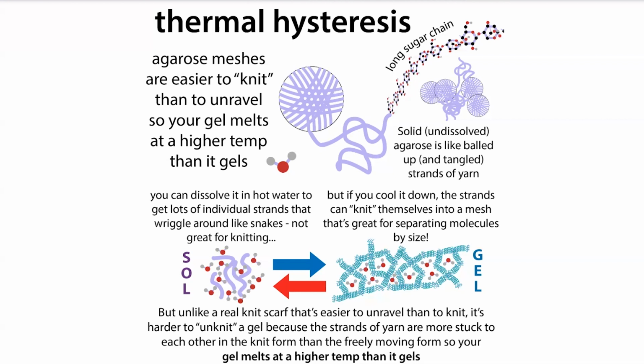So when you take that dissolved mixture, you have a little bit of wiggle room before it's going to solidify. But then once it solidifies, you're able to run a gel that's going to be stable at a higher temperature than the temperature at which the gel solidified. And this allows us then to do things like run gels without having to worry about our gel melting.